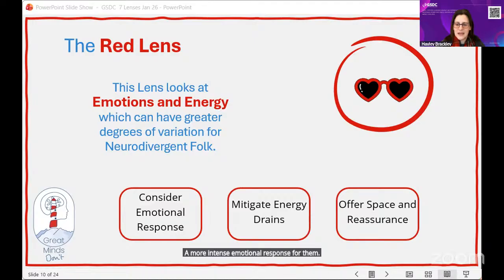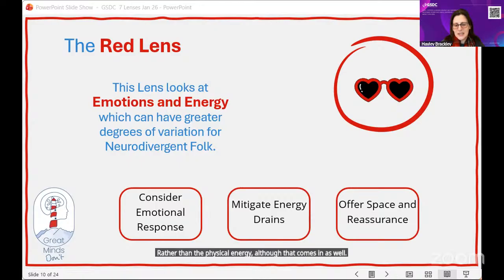Next up, energy drains. What are the things that might have a really significant impact? And what we're thinking here is more of that social energy rather than the physical energy, although that comes in as well.